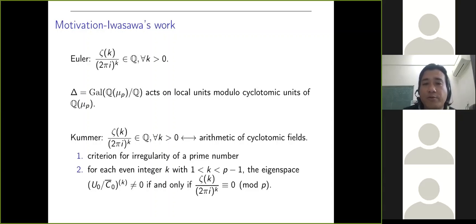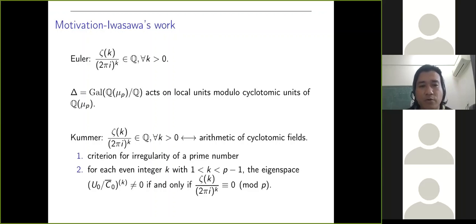I have not defined the cyclotomic units, but they form a subgroup of the group of units, generated by (zeta^a minus 1) divided by (zeta minus 1) and plus or minus zeta^b. They satisfy a nice distribution property. What Kummer saw is that these values are related to the arithmetic of cyclotomic fields.